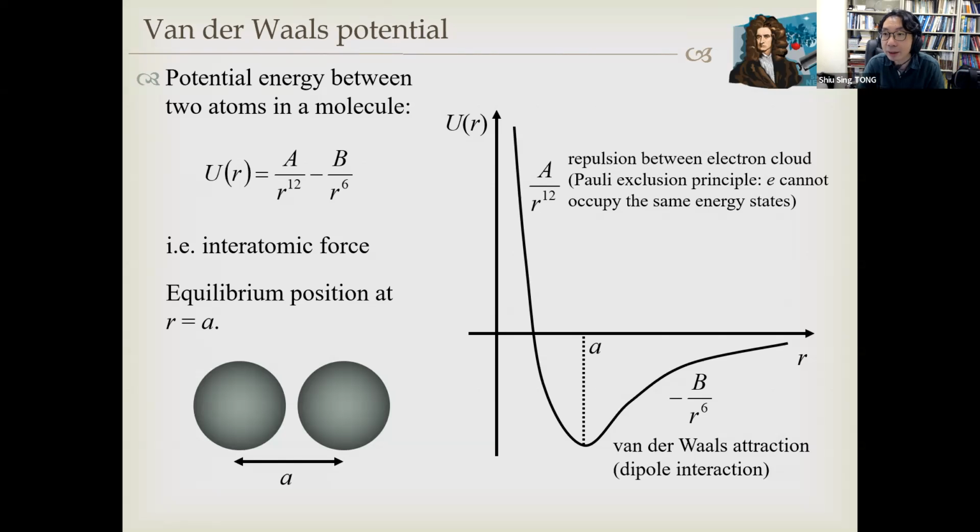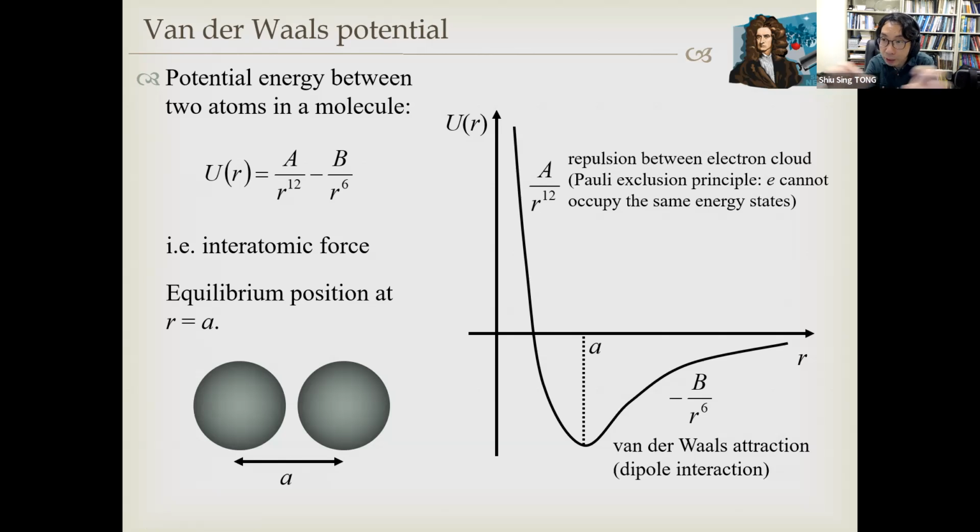But nevertheless, even if we don't know how to do this in a quantum way, we know that the potential energy essentially goes like this. You can see the potential energy curve to be like this. At first, I have a strong repulsive force if they go very close together. But in the long range, I have a small attractive force. So in between, there must be a minimum in the potential energy. And the minimum potential energy position is the equilibrium separation of the two particles.